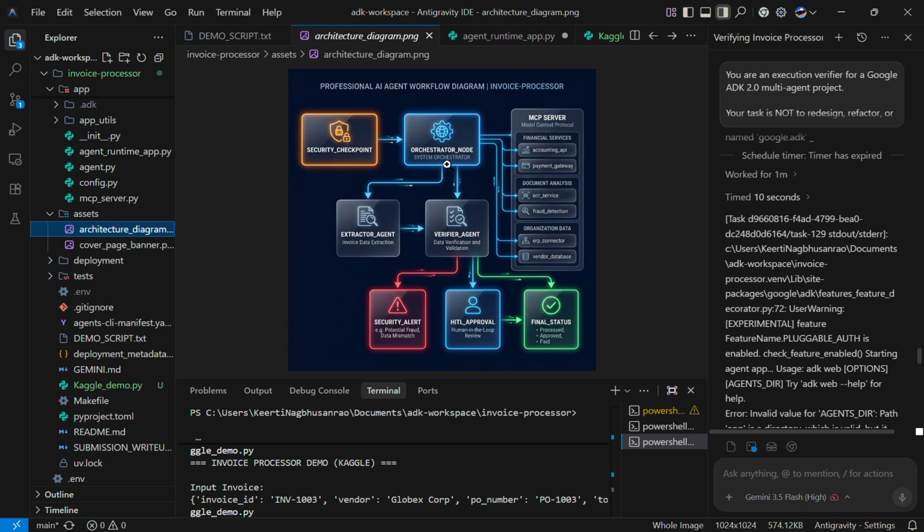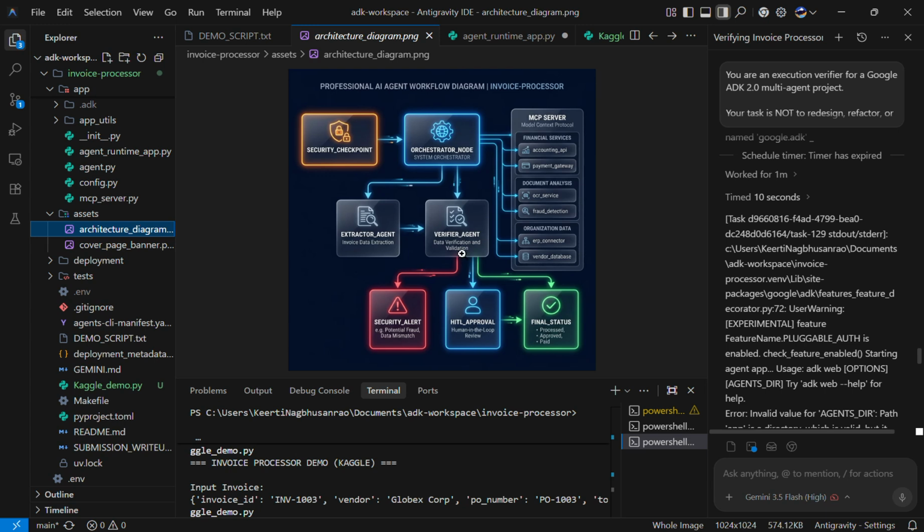Next comes the extractor agent, used for invoice data extraction. The extractor agent parses the invoice and converts unstructured text into a clean JSON format. For example, it extracts the vendor name, purchase order number, line items, quantities, and prices. This is where LLMs add the most value.